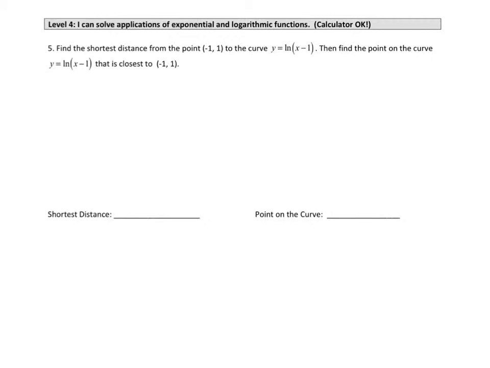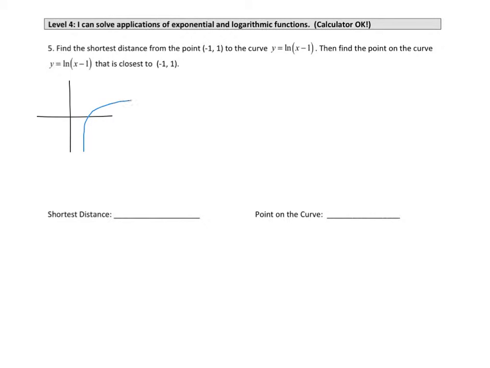So the first problem, finding the shortest distance from a point to a curve. First you need to figure out what the graph looks like, and you do have a calculator so you can use it if you need to, but we should know what natural log of x minus 1 looks like. It's just our natural log graph shifted 1 to the right.